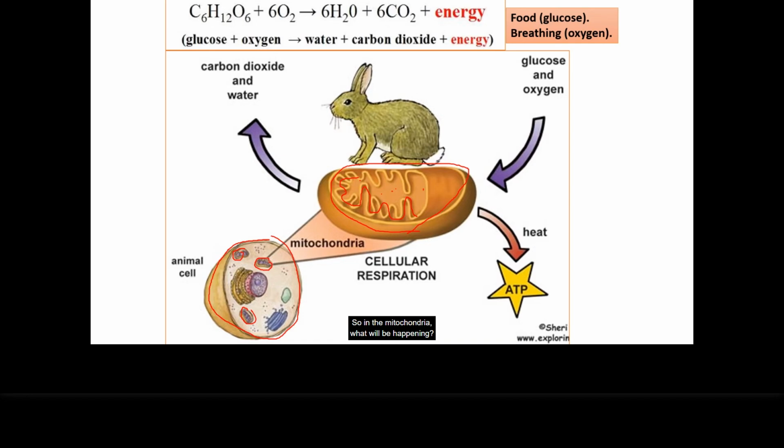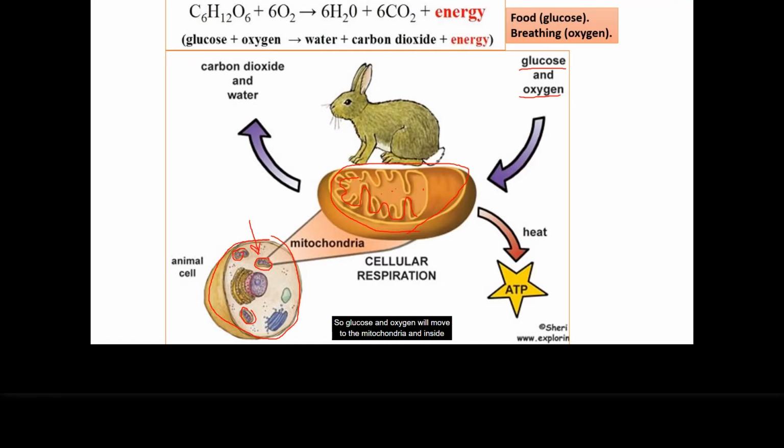So what will be happening in the mitochondria? The rabbit will eat some food, some grass, for example, and his body will break it down into glucose. The rabbit will breathe, so oxygen will also penetrate to these cells. When this oxygen and glucose from the blood are delivered to each cell of the animal, they will go directly to the mitochondria.